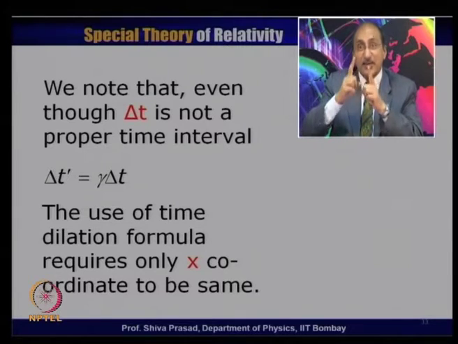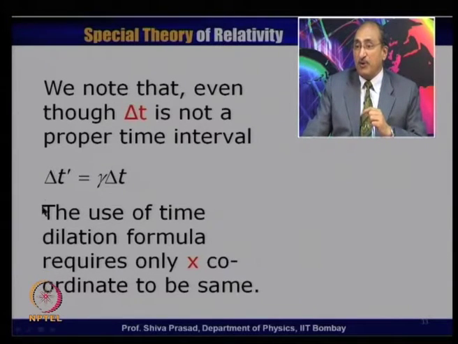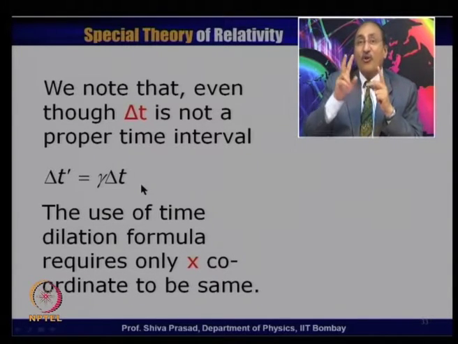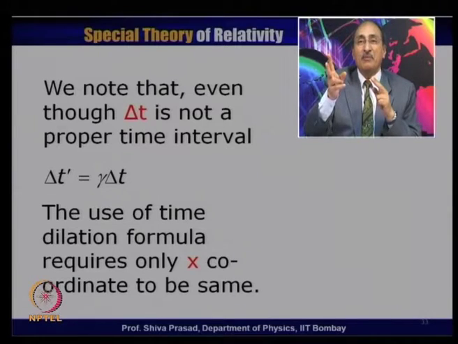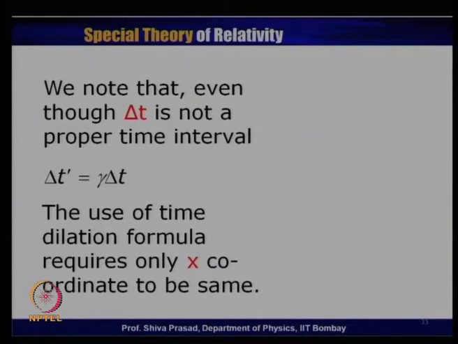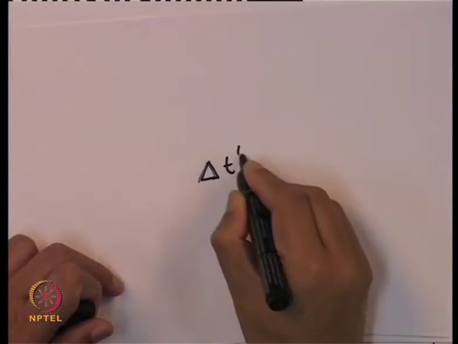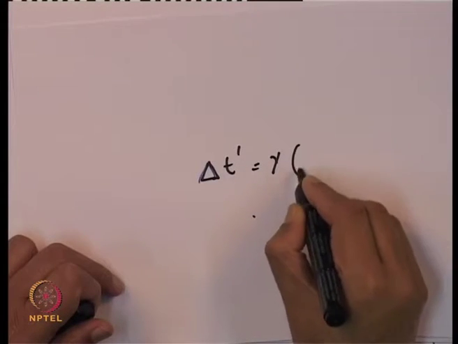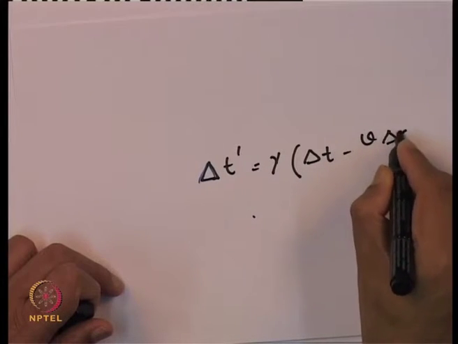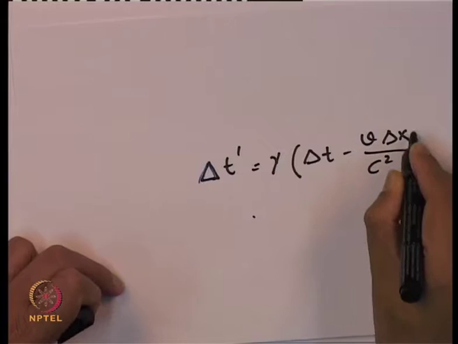But what is important for applying this particular expression of time dilation is that only the x coordinate need be same, because remember, for this particular thing, if we have delta t prime is equal to gamma into delta t minus v delta x divided by c square.